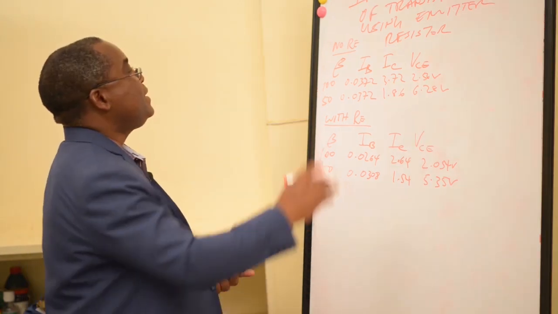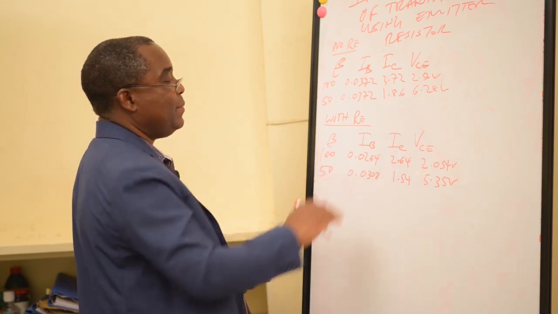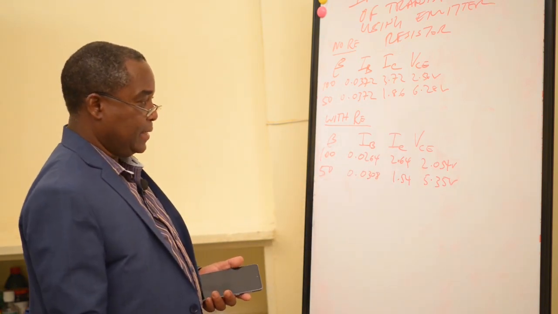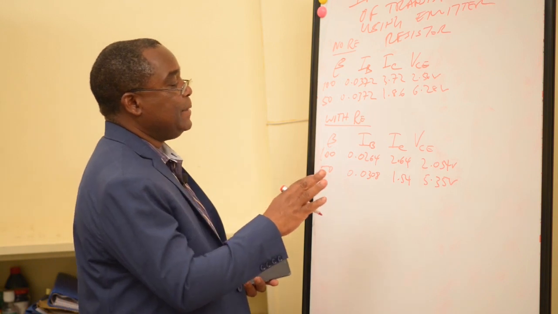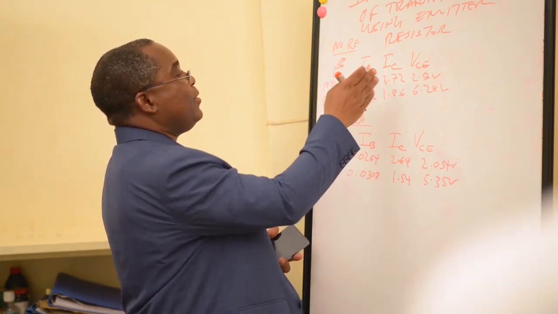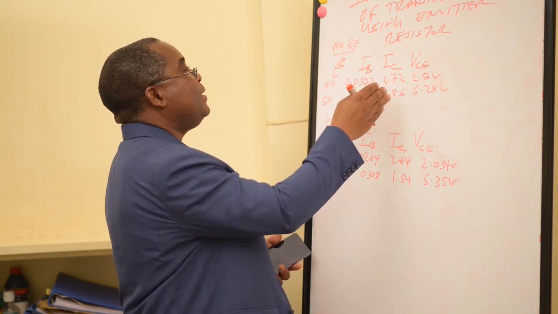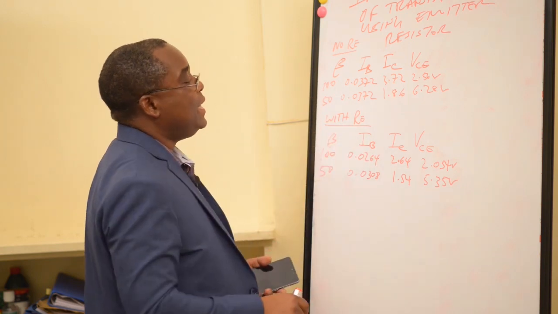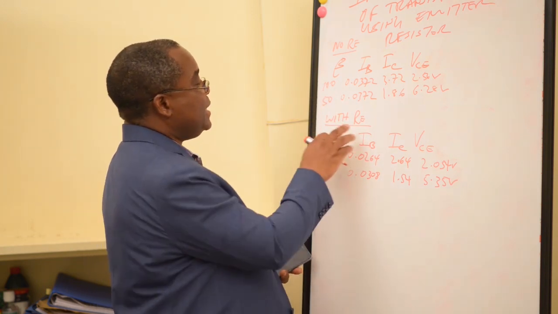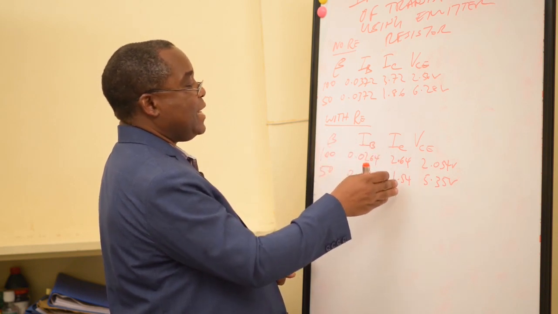So the first table is without emitter resistor, but the second table with the emitter resistor. So in the comparison, the percentage change in collector current will be higher with no emitter resistor, but in the case with the emitter resistor, the percentage change of collector current will be small.